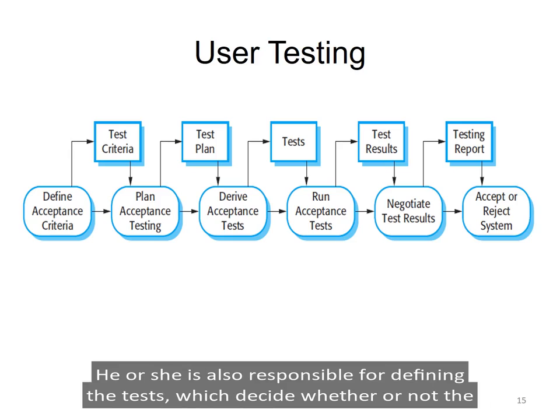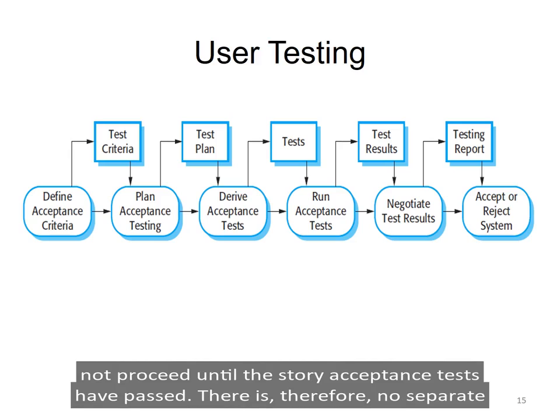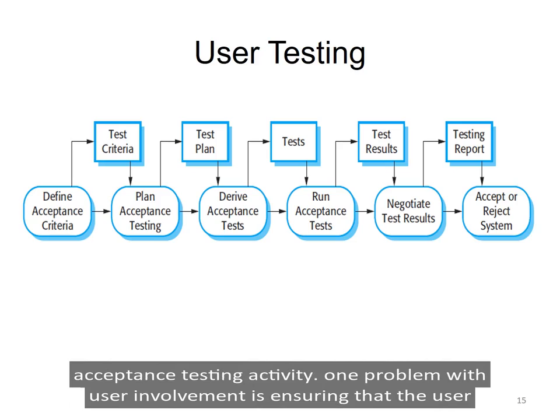He or she is also responsible for defining the tests, which decide whether or not the developed software supports the user story. The tests are automated and development does not proceed until the story acceptance tests have passed. There is, therefore, no separate acceptance testing activity.